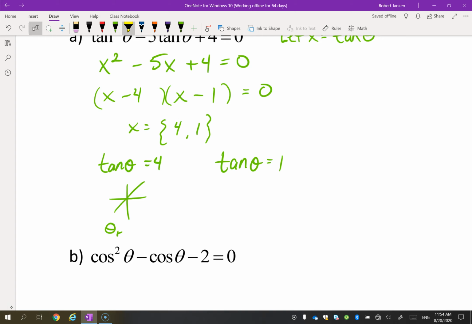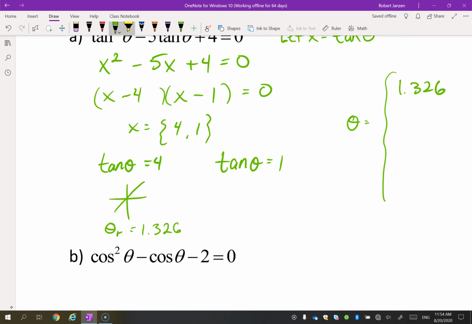Okay, so I'm going to put in 4. And I get a reference angle of 1.326. Okay, so just for space-wise, I'm going to write them vertically. So in the first quadrant, you would have 1.326.